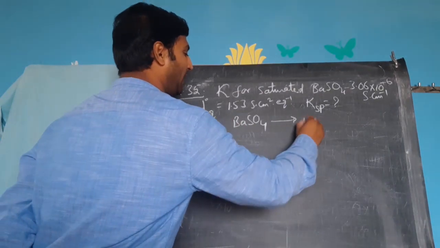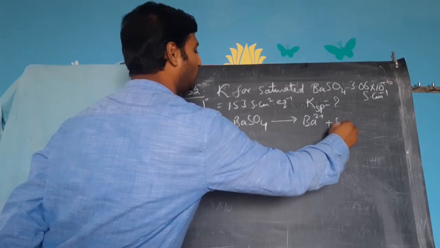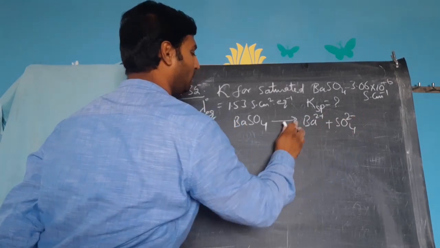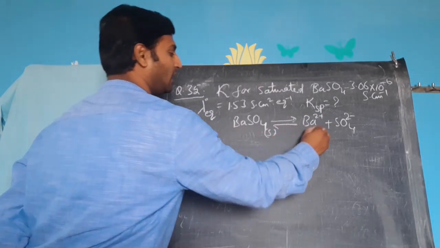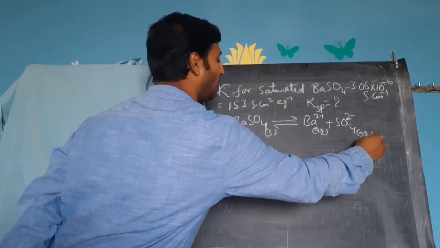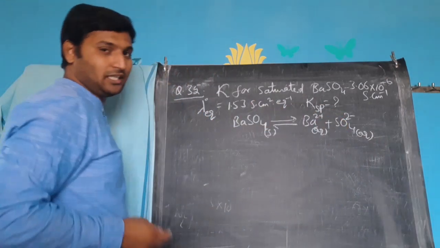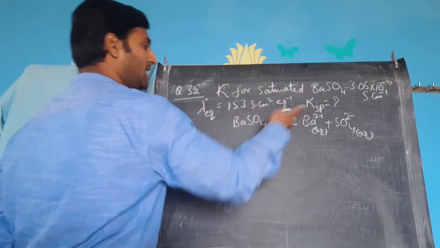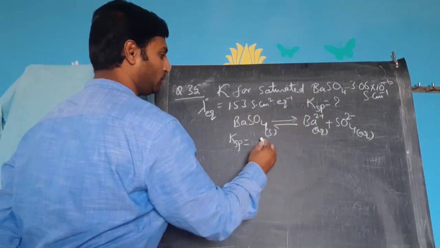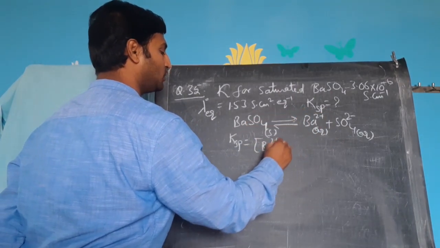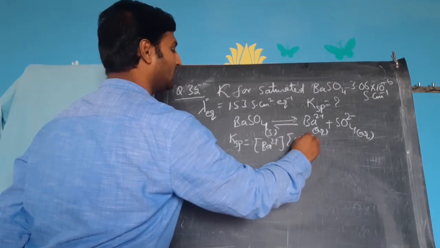So if barium sulfate ionizes, it forms Ba2+ plus SO4 2-. Now there will be an equilibrium between solid barium sulfate and ions formed due to dissolution of barium sulfate in solution. Now the solubility product value for this will be product of ions formed due to dissolution. So concentration of Ba2+ into concentration of SO4 2-.